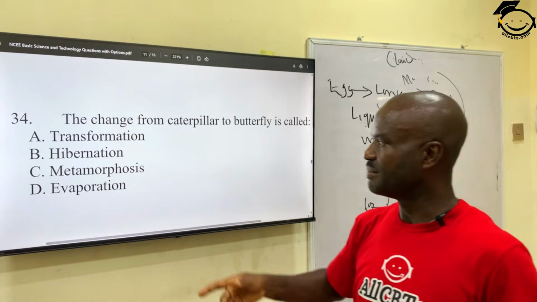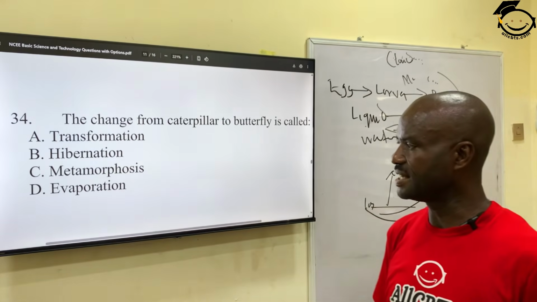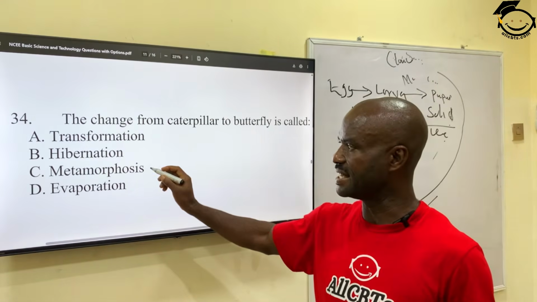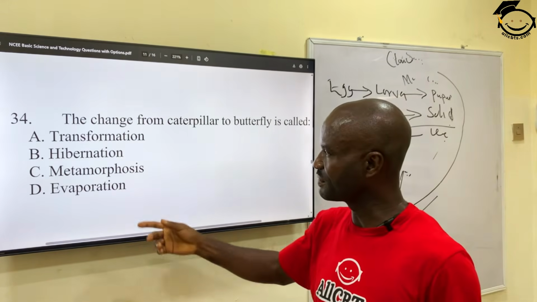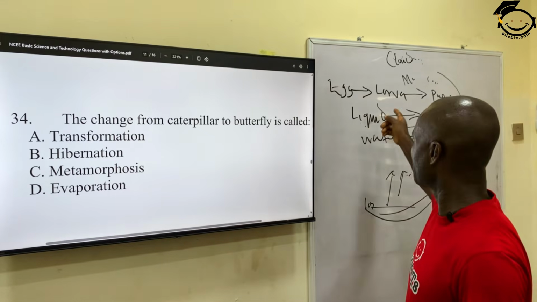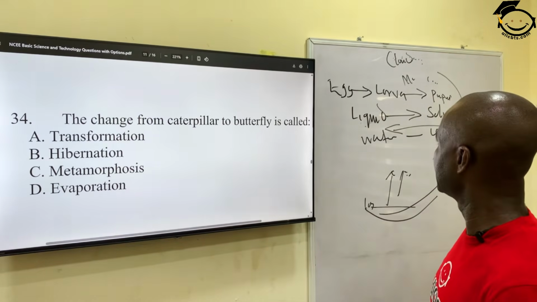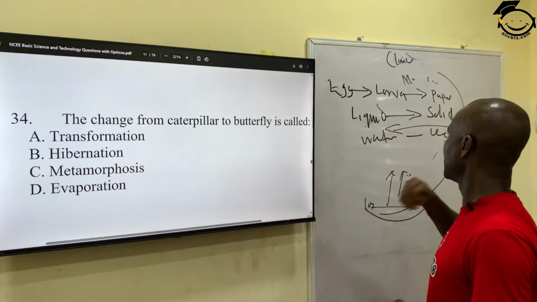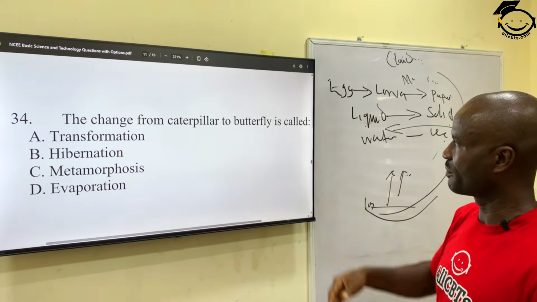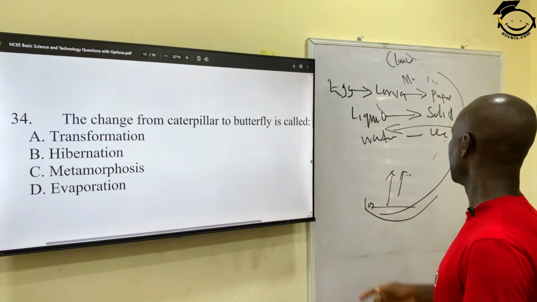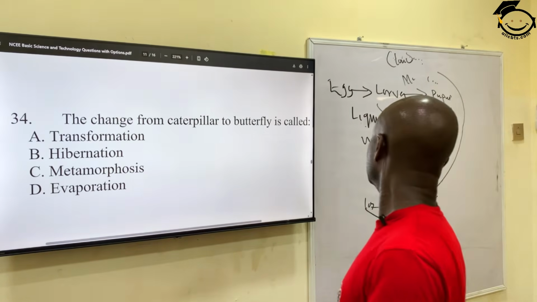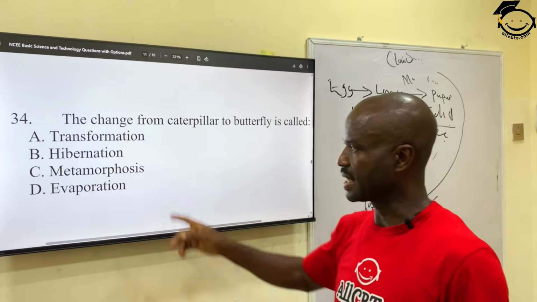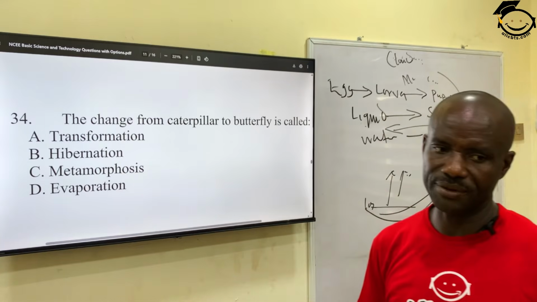C, metamorphosis. Then D, evaporation. The correct answer is C, metamorphosis, change in state. It changes from the egg to larva, in the case of butterfly we call it caterpillar, and then to pupa. So the correct answer is metamorphosis.